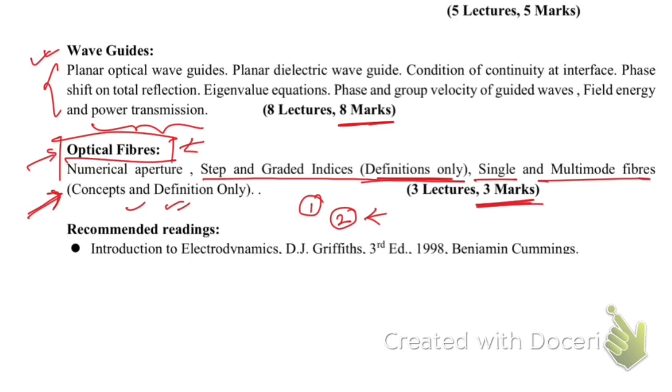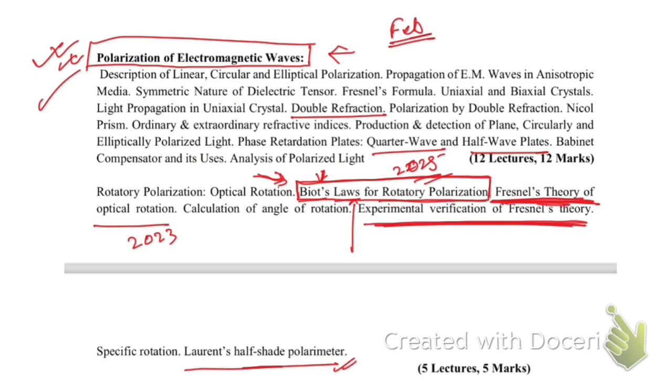So plan your study. How are you going to study this paper? You need proper planning. I hope this video will be helpful for you to plan how to study this paper. So first target these 2 units. This is a very big unit. Here you have 12 marks, and here one more unit is there, so 5 marks from these topics.